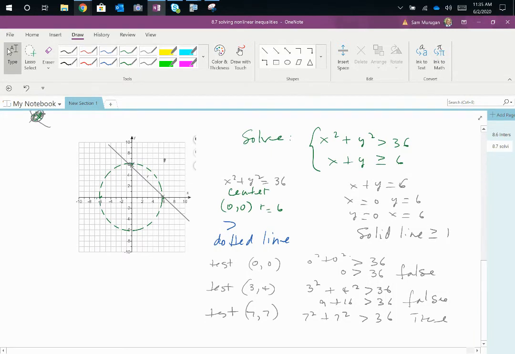So make sure you test in the second equation as well. 7 plus 7 is greater than or equal to 6, which is also true. So this is telling us that the shading is outside of the circle and above the line right there. Outside of the circle and above the line.